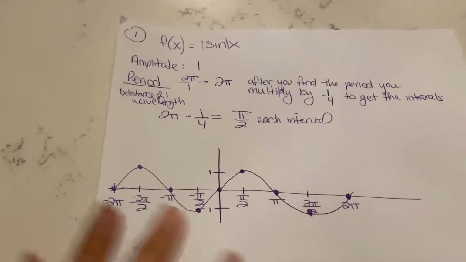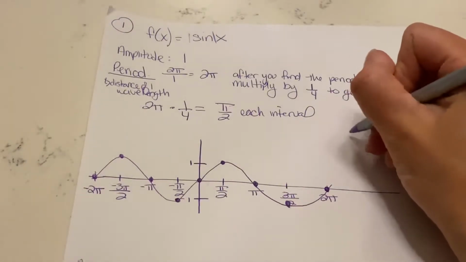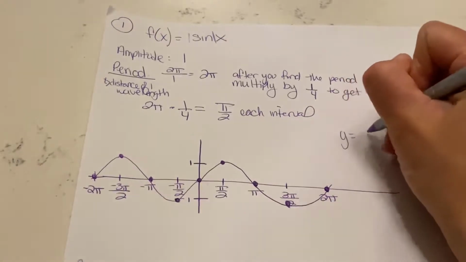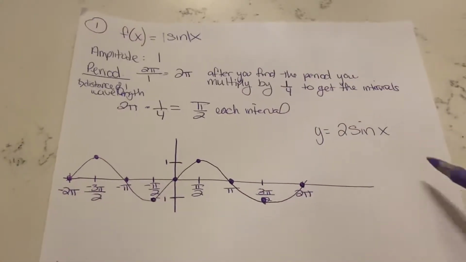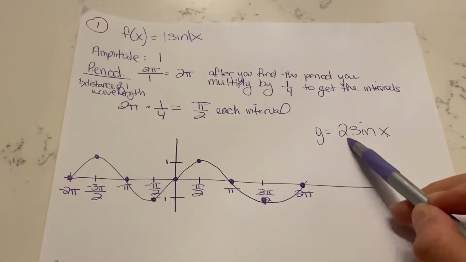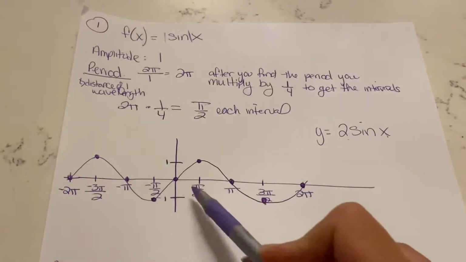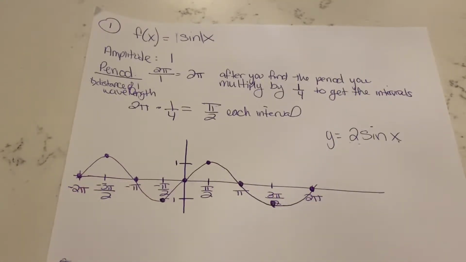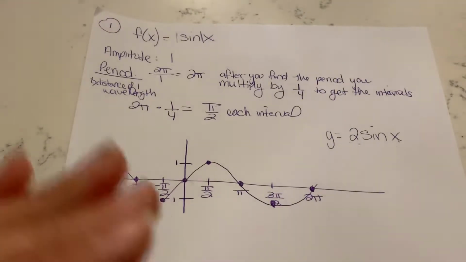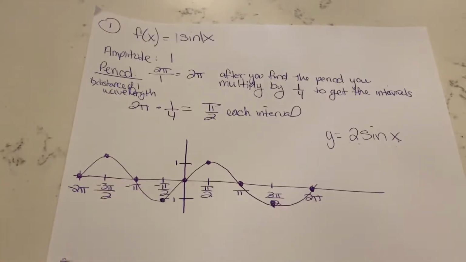Now, let's say that my function is 2 sine of x. As you can see, the only thing that changed is the amplitude. The period stays the same, so I'm going to have the same intervals. But the difference is now my curve is taller, so it goes up to 2.